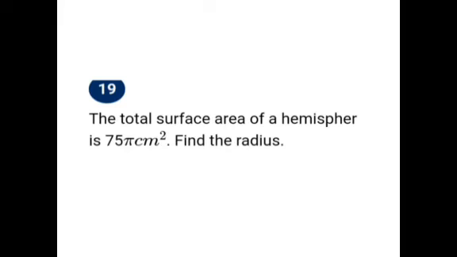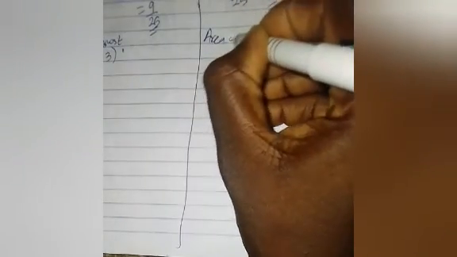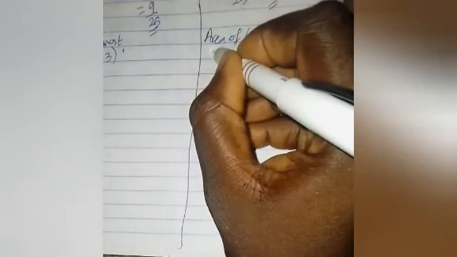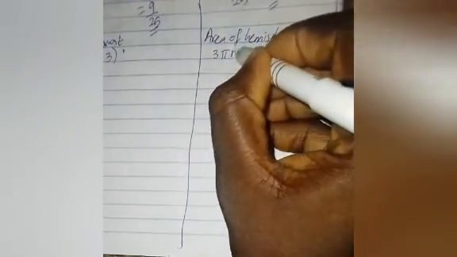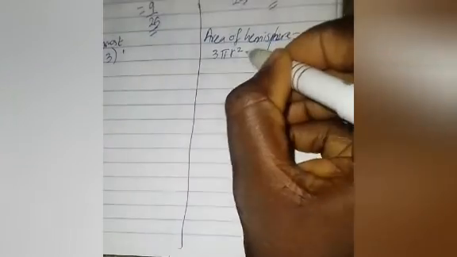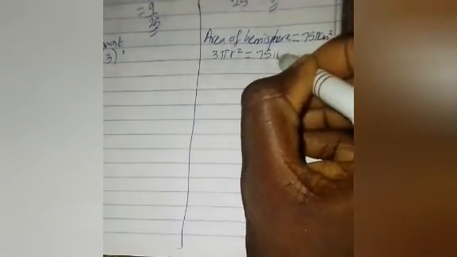Number 19. The total surface area of a hemisphere is 75 pi centimeter squared. Find the radius. Area of hemisphere, according to our question, is 75 pi centimeter squared. And the formula for finding the area of a hemisphere is 3 pi r squared, which is equal to 75 pi.